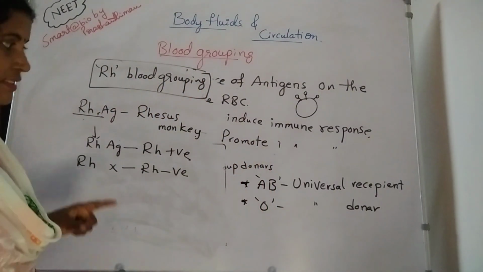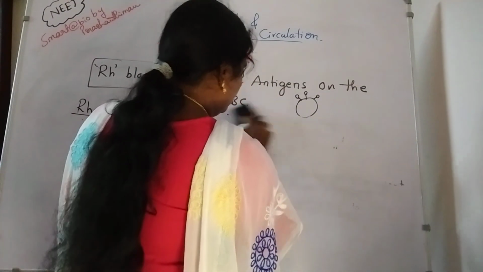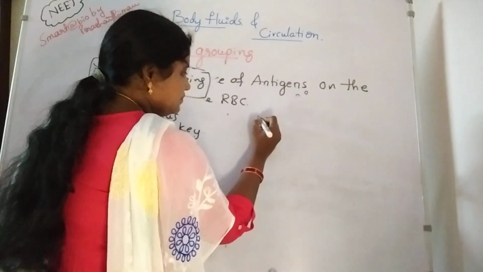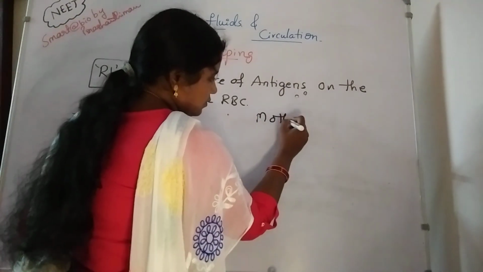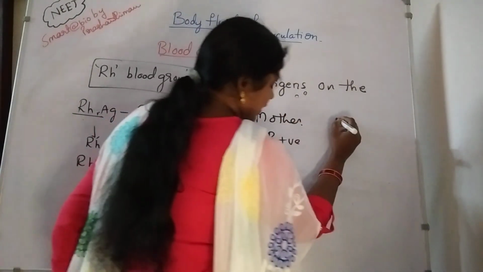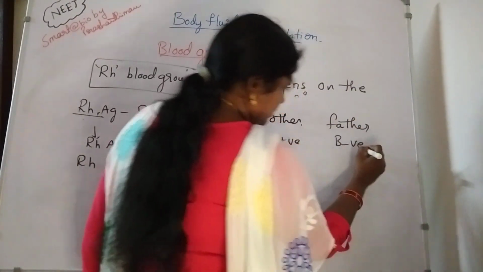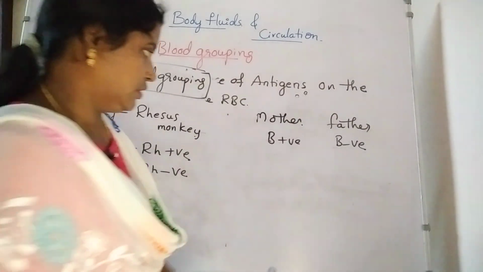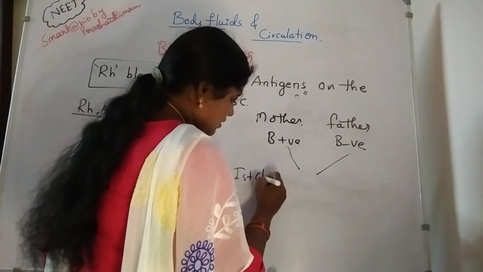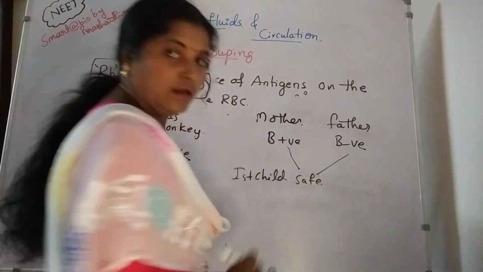So here we will see one circumstance. Simply, if the mother is RH negative and the father is RH positive, in the first child situation, the child will be safe.